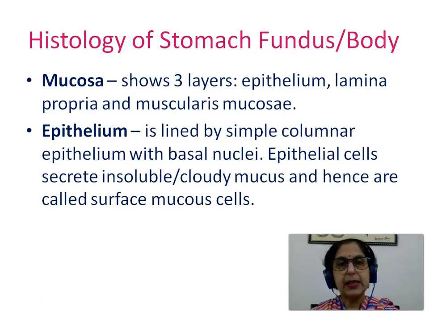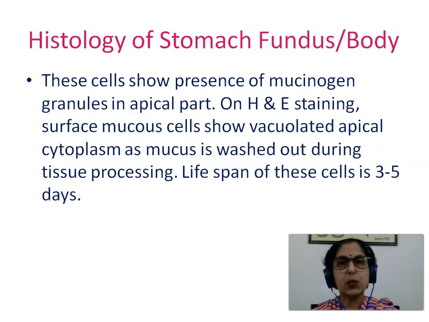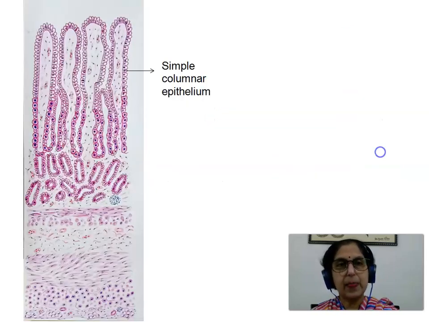Epithelial cells secrete insoluble or cloudy mucus and hence they are called as the surface mucus cells. These cells show presence of mucinogen granules in the apical part. On H&E staining, the surface mucus cells show vacuolated apical cytoplasm as the mucus is washed out during tissue processing. Lifespan of these cells is 3 to 5 days.